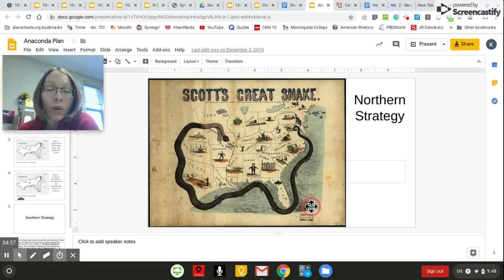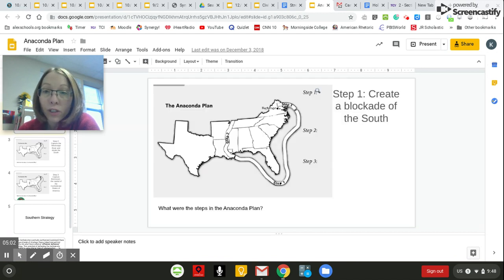So there were actually 3 steps to this strategy. The first was to create a blockade. So step one, to blockade the South. A blockade means that you cut off, you're blocking. So putting ships around here to stop the South from getting their ships out to get supplies or to sell their cotton. That was step one.